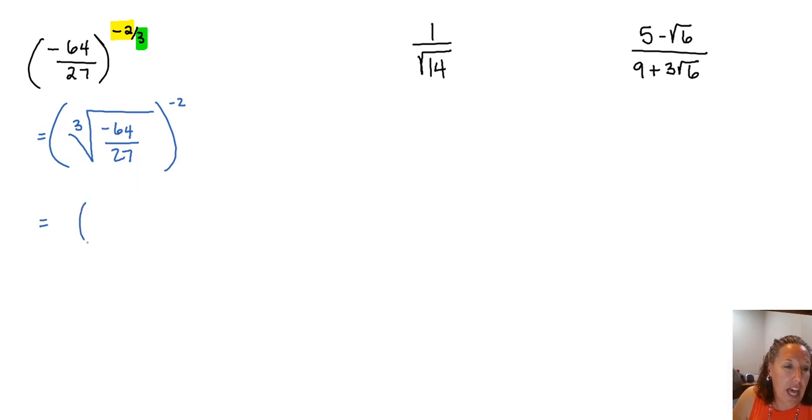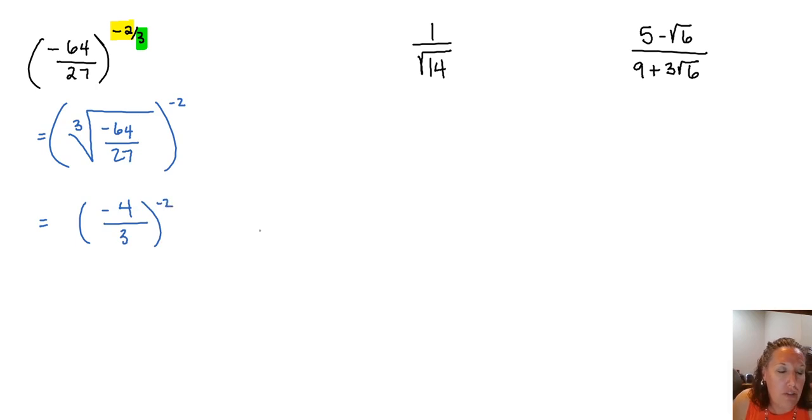With that negative, the cube root of negative 64 is negative 4. And the cube root of 27 is 3. So the cube root of negative 64 over 27 simplifies to negative 4 over 3.